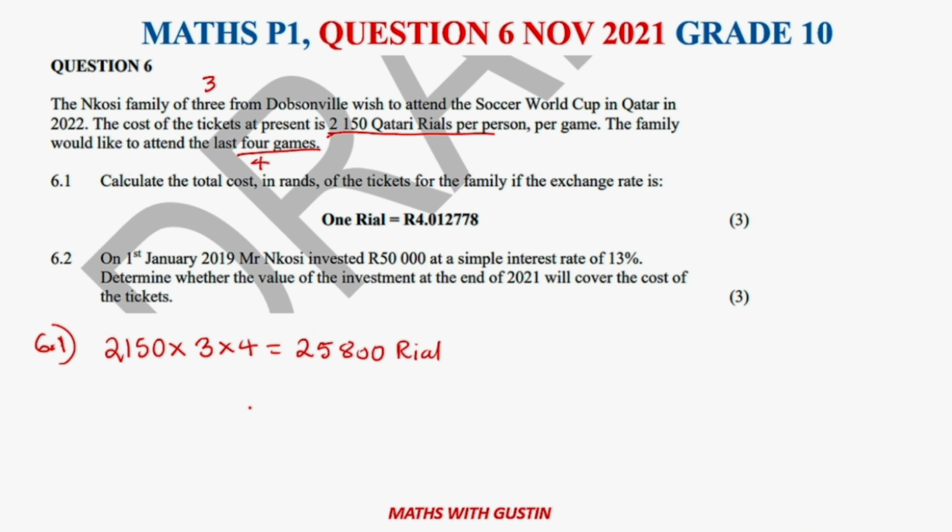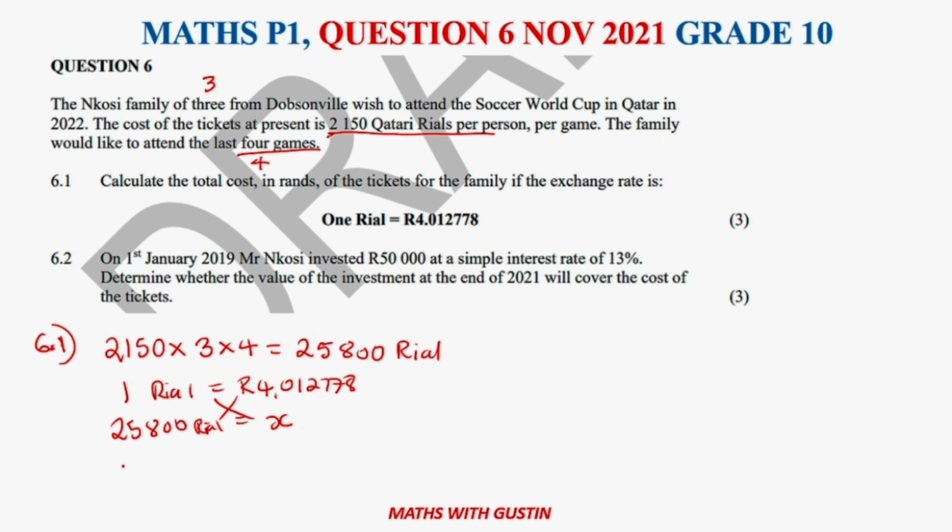Now if we apply the exchange rate, 1 riyal equals 4 rands, which is 0.12778 rather. So now what do we have here? We've got 25,800 riyals equals how many rands? So what do we do now?